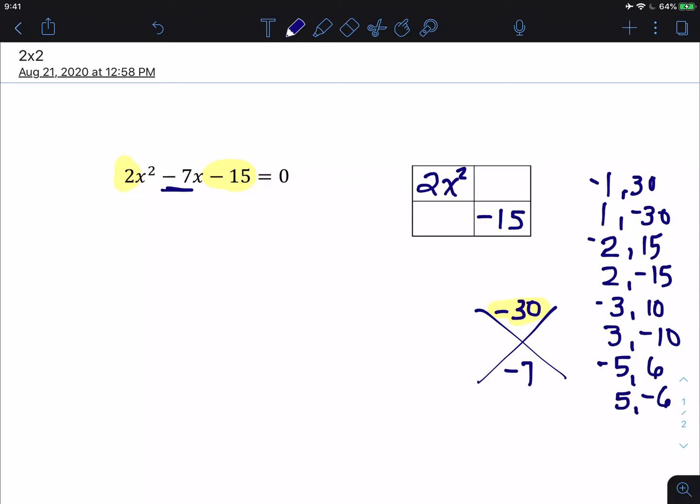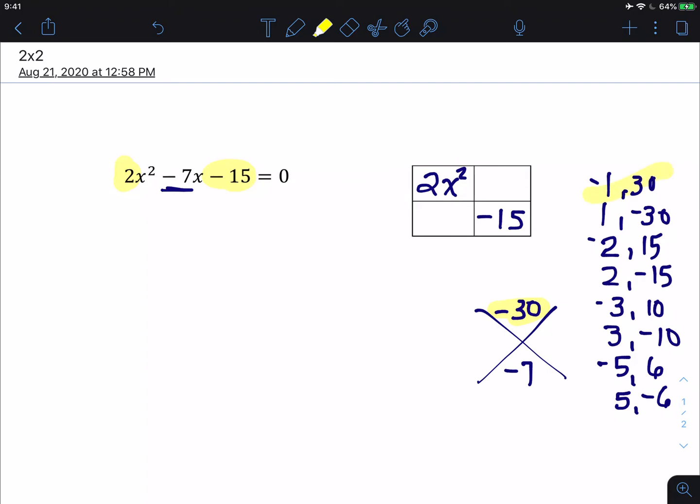Now, all of those are ways that we could get the two numbers to multiply to give us negative 30. But there's only one of those pairs that is going to give us a product of negative 30 and a sum of negative 7. And that's what we want.